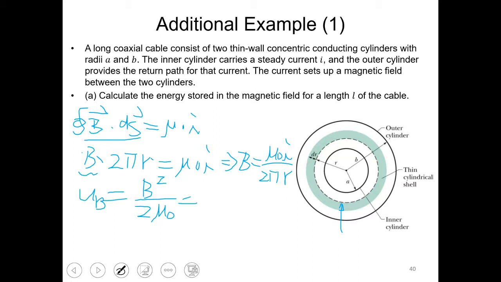And we substitute B into this equation, so we'll have mu 0 I squared over 8 pi squared r squared.